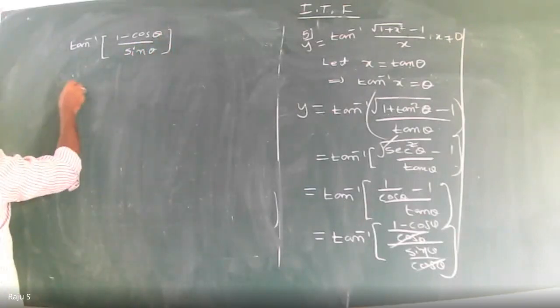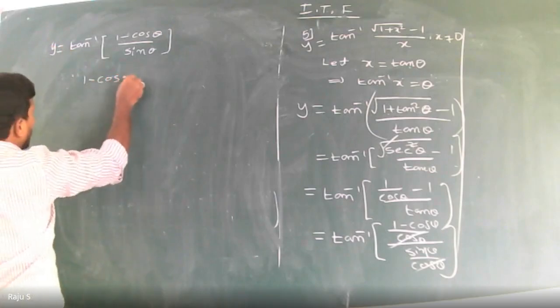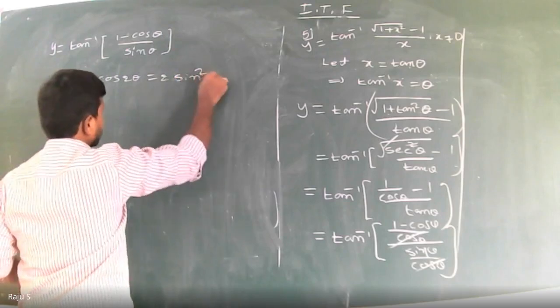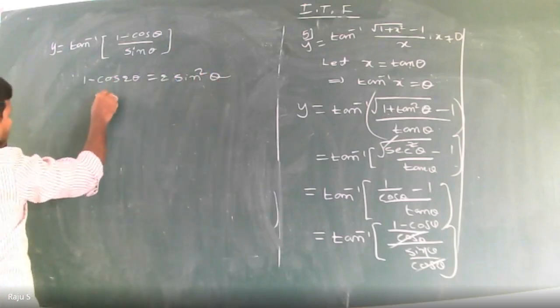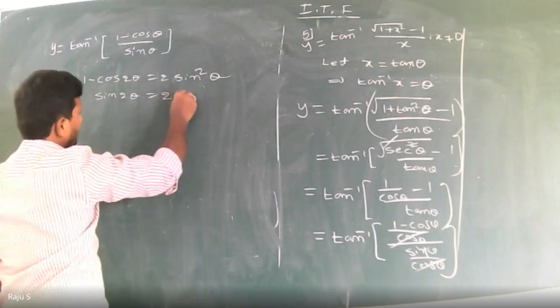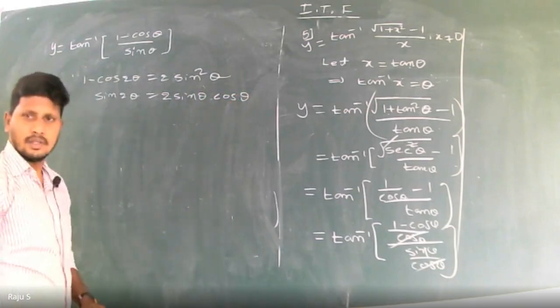Since we know that the 1 minus cos 2 theta formula is 2 sin square theta, and sin 2 theta is 2 sin theta cos theta. These are the formulas we are having.